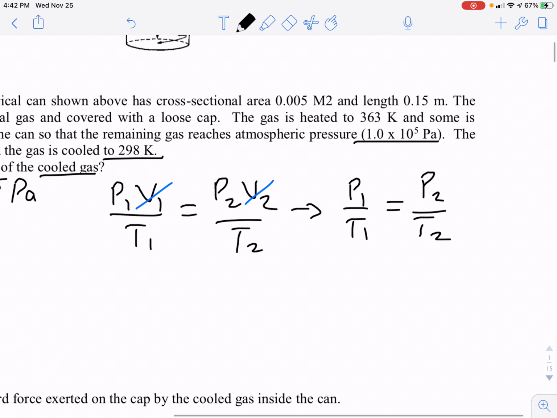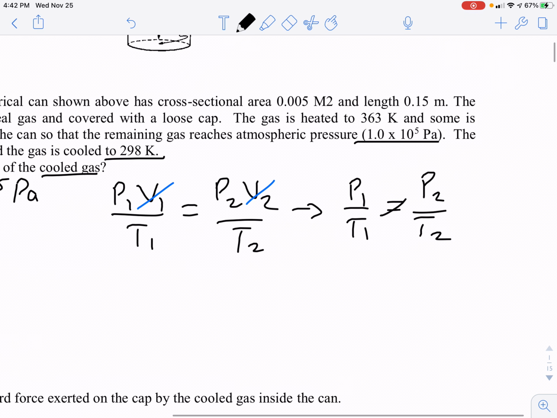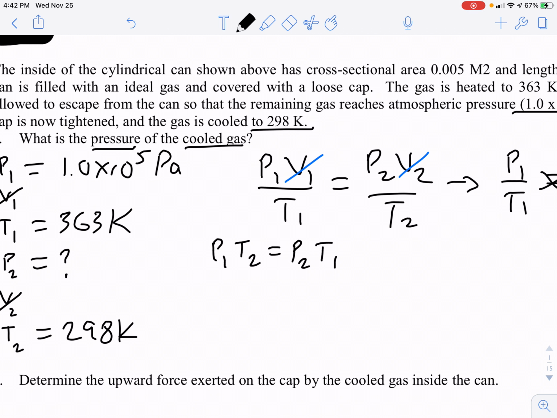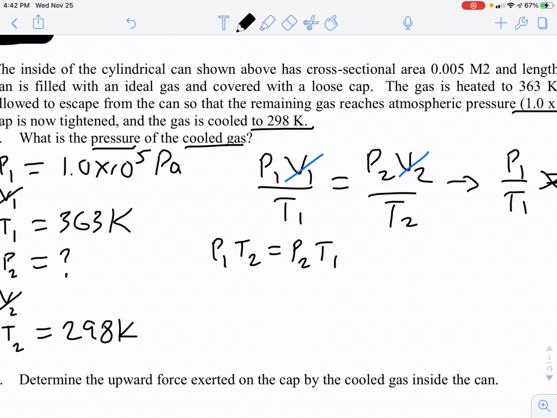Now, to make the equation easier to work with, take your cross products and eliminate the fraction. In other words, P1 times T2 equals P2 times T1. Now we're solving for P2, so we have to divide away T1.